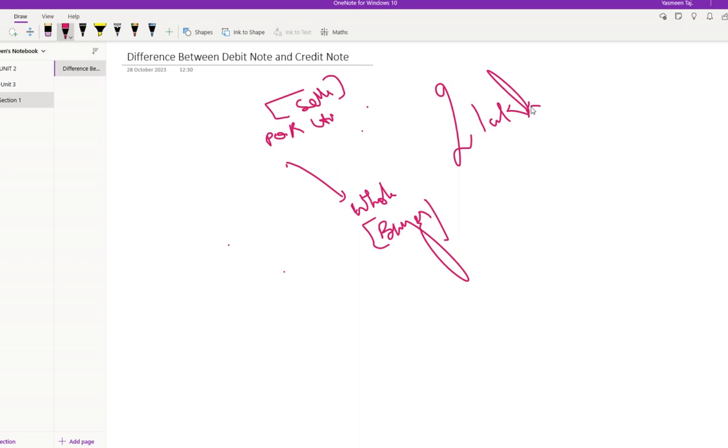Now the wholesaler might have found some defects in the goods or product which you sold, and he is returning 50,000 worth of goods to you. These numbers are just assumptions. Numbers can be anything when we are solving problems. So 50,000 worth of goods has been returned by this wholesaler to you.